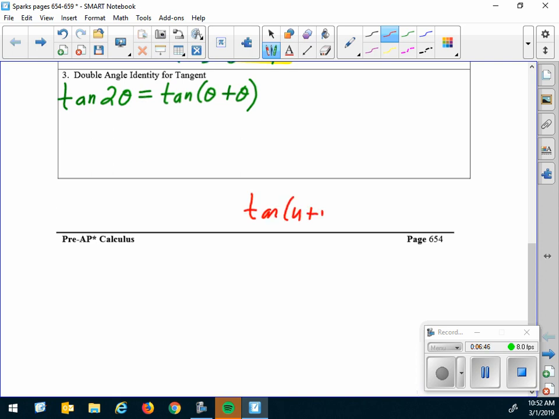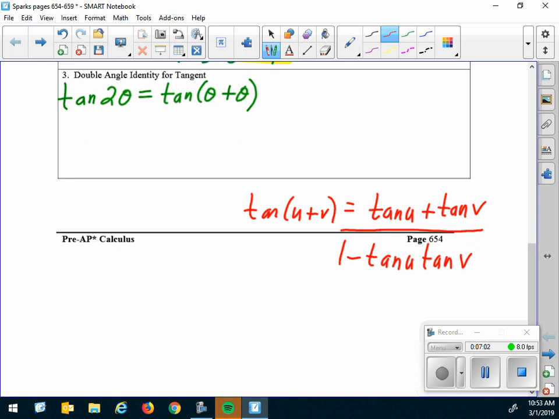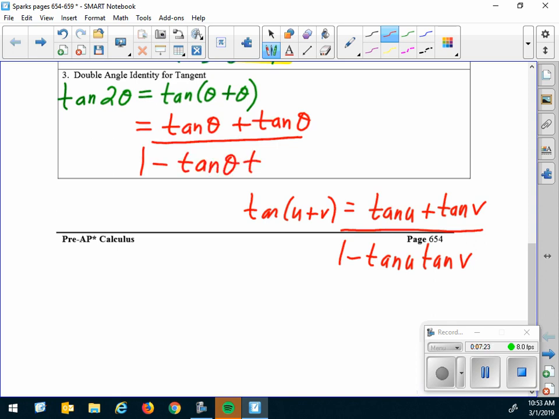Tangent of u plus v was tangent u plus tangent v divided by 1 minus tangent u tangent v. You know the routine. What am I going to substitute in for u? Theta. What am I going to substitute in for v? Theta. So this is going to give me tangent theta plus tangent theta over 1 minus tangent theta times tangent theta.